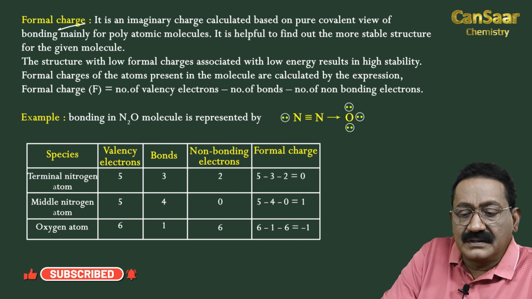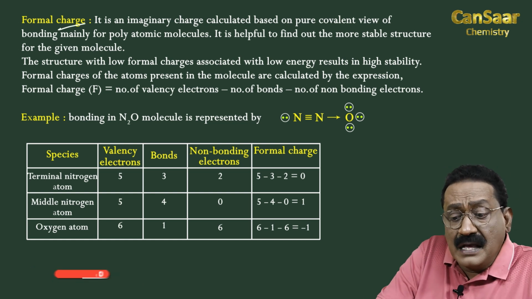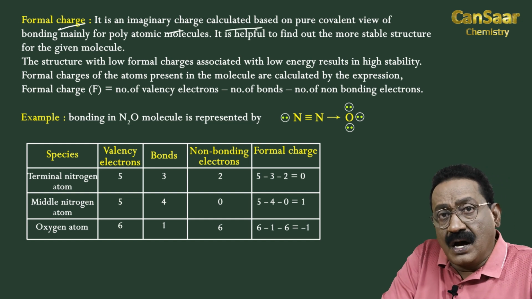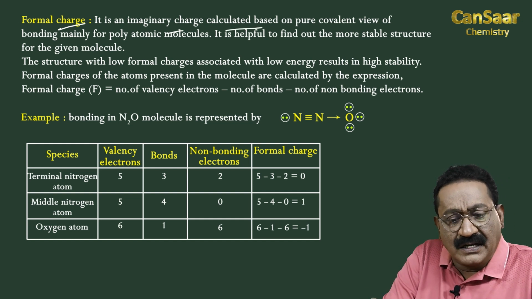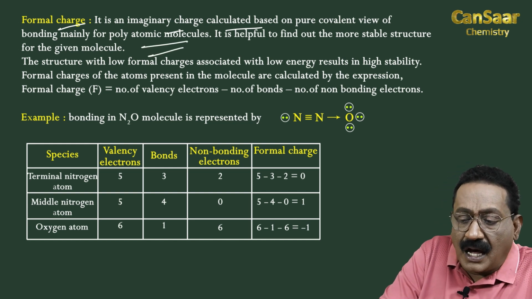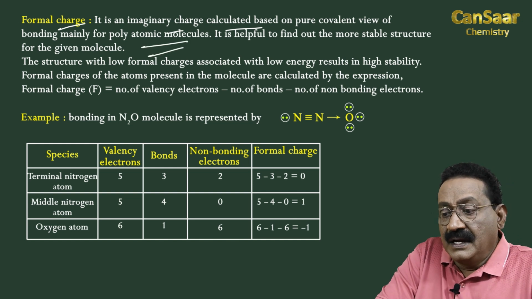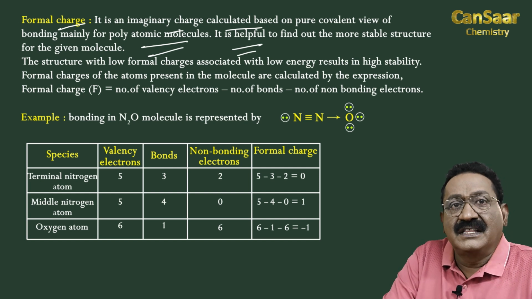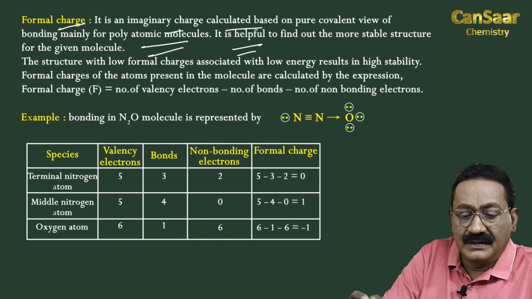Formal charge. It is an imaginary charge calculated based on the pure covalent nature of bonding, mainly for polyatomic molecules. It is helpful to find out the more stable structure for a given molecule.